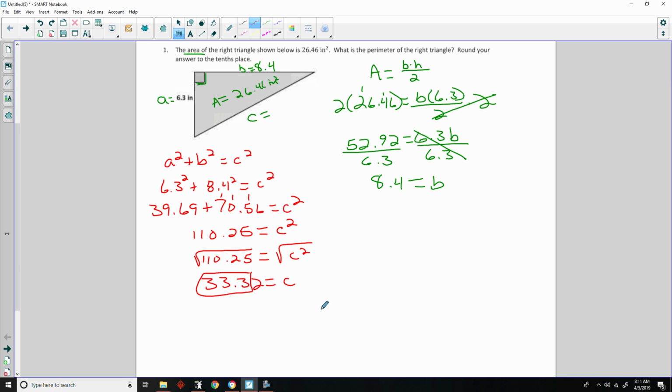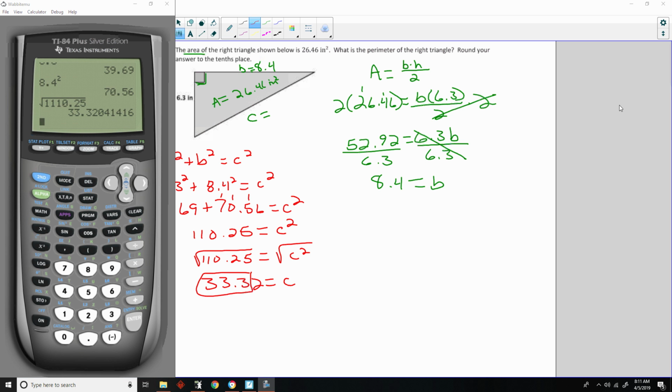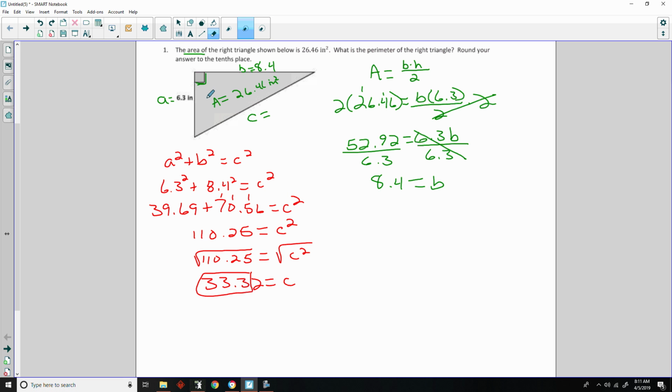Okay, I just noticed that was way too big, and I have one too many ones there. I must have hit a 1 multiple times there, so it was 110.25 square root, and that's 10.5. That's better. Okay, 10.5.